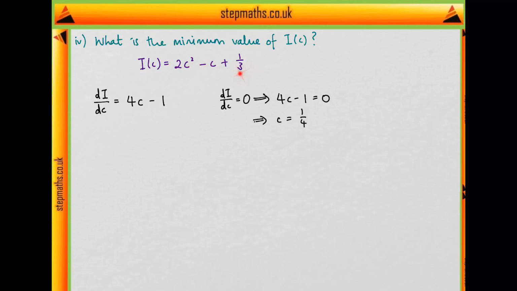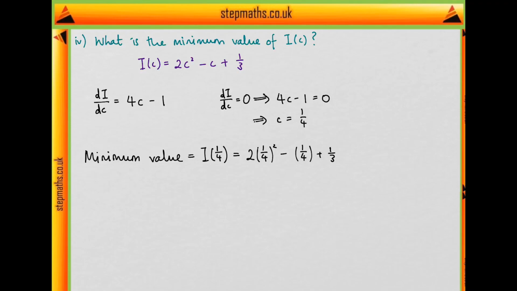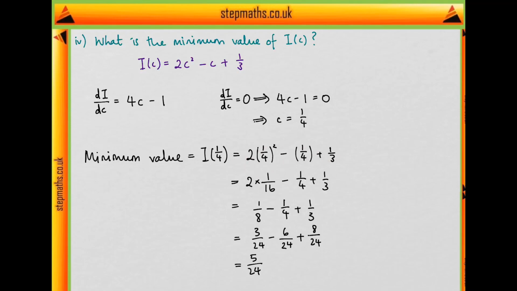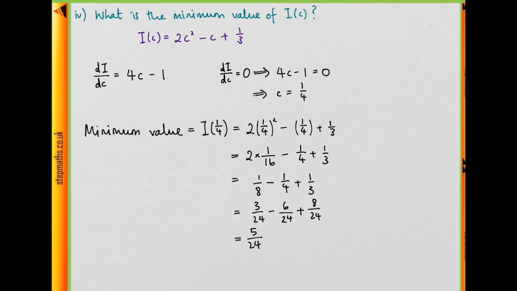So the minimum is going to occur when c is a quarter. If we substitute that into IC and simplify and calculate the right-hand side, we see that the value of I a quarter is 5 over 24.